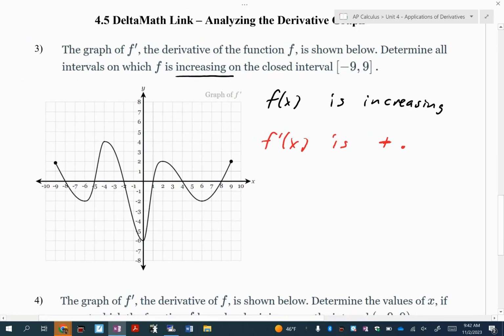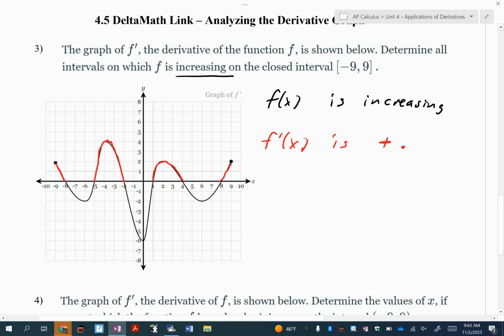So I just need to figure out where on this entire curve, since this is the derivative function, are the positive values. So I'm looking at this, here's my x-axis, just looking for the intervals where this function is above the x-axis. So if I just draw it with my pen, that's here, that's here, that's here, and that's there. You guys see all that?